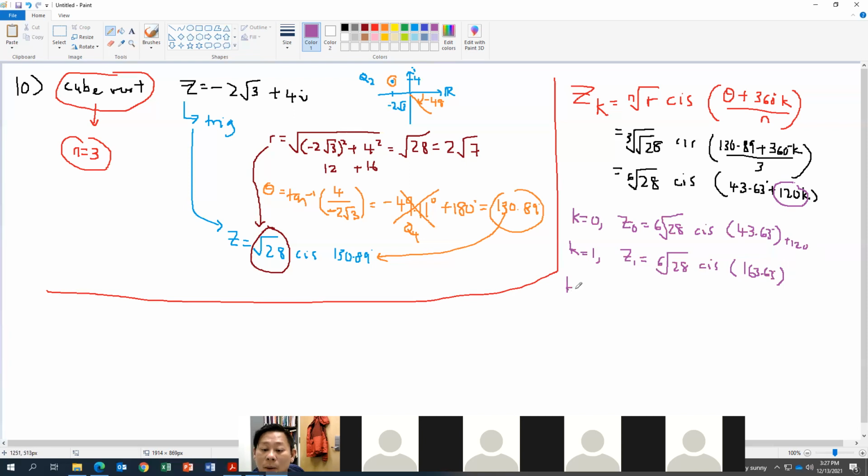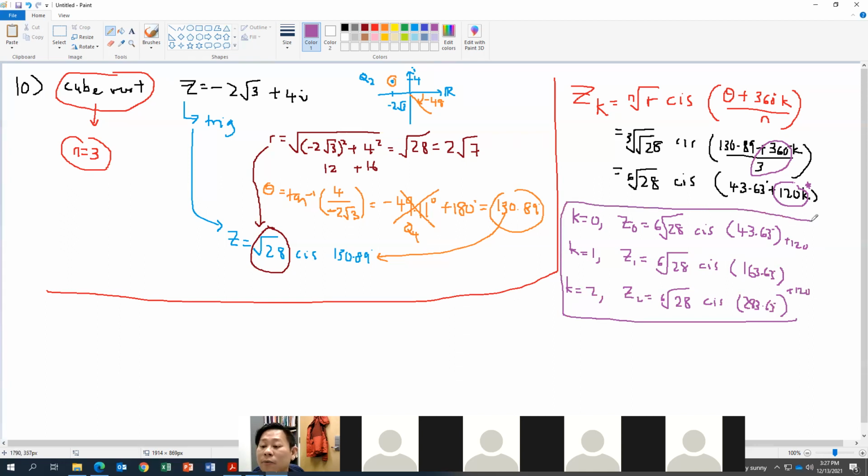And then you do one more time when k is 2. z2 is the 6th root of 28 cis, and again you just add another 120. This 120 is very important because it comes from taking 360 divided by 3. So that becomes 283.63 degrees. So these are your answers.